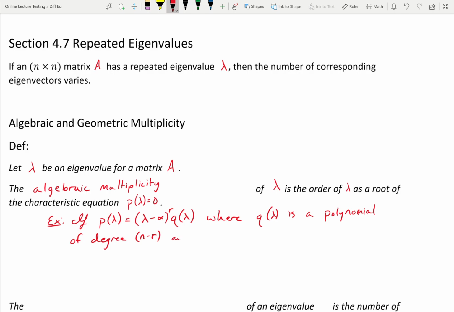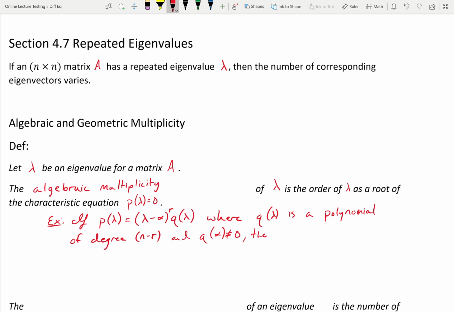And q of alpha is not equal to 0. What it's saying is that alpha is not a zero of the polynomial q. That means we've pulled everything out of it, because if it was, then we'd have another factor involved.